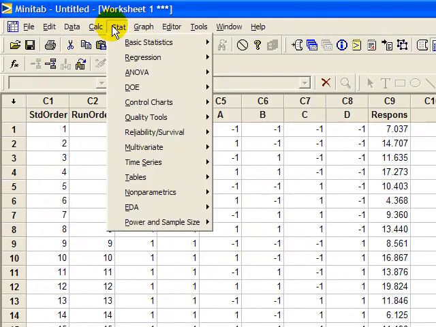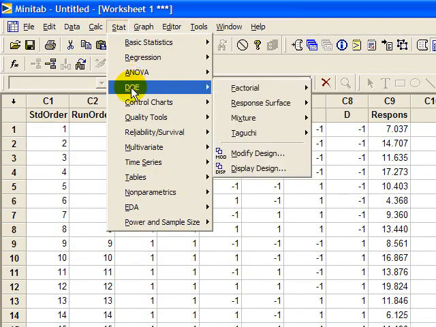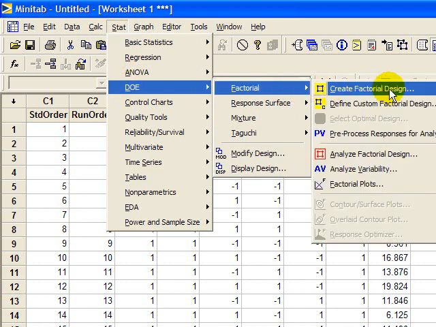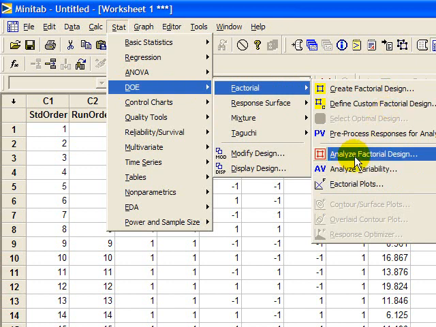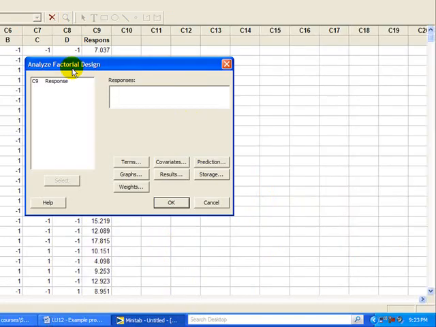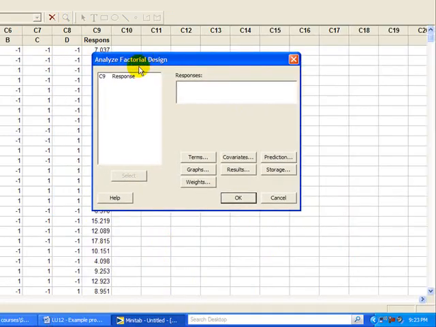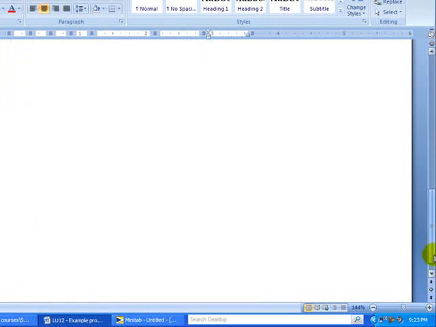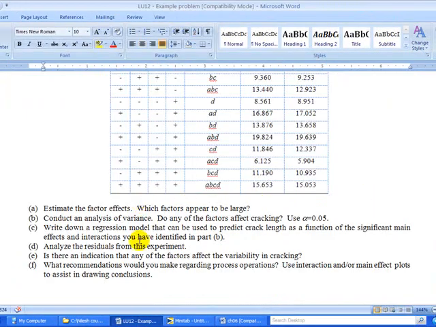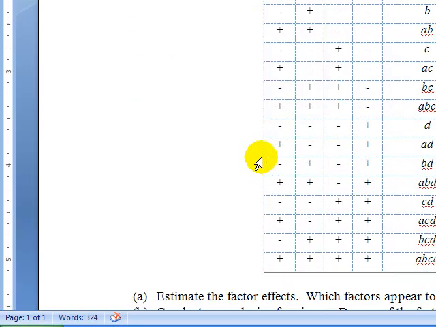Now to analyze the experiment, again I am going to go to DOE, then Factorial, and then Analyze Factorial Design, right? I'm going to click that. Let's go back to the problem here, and look at what we need to do.